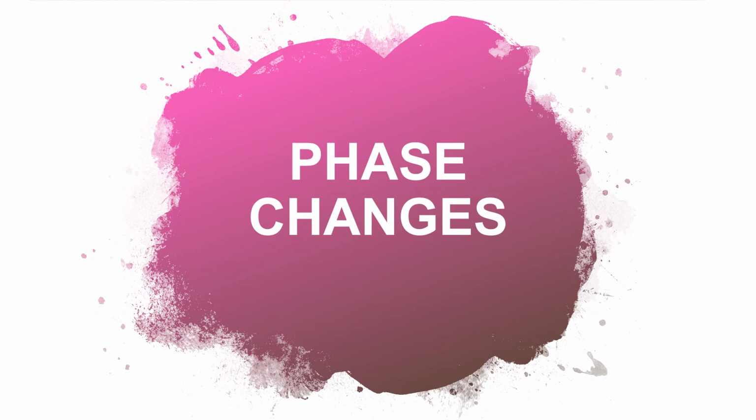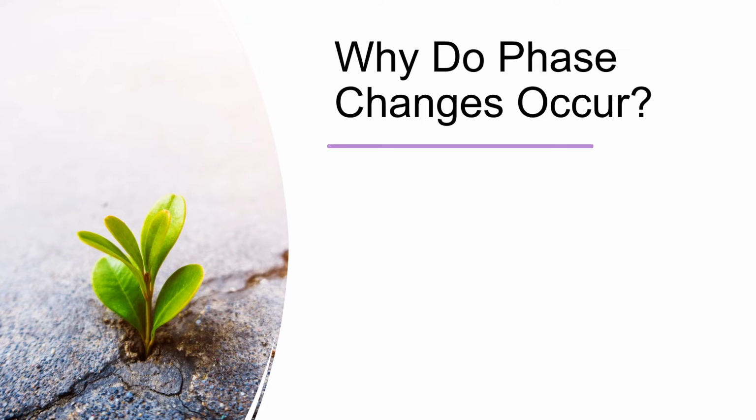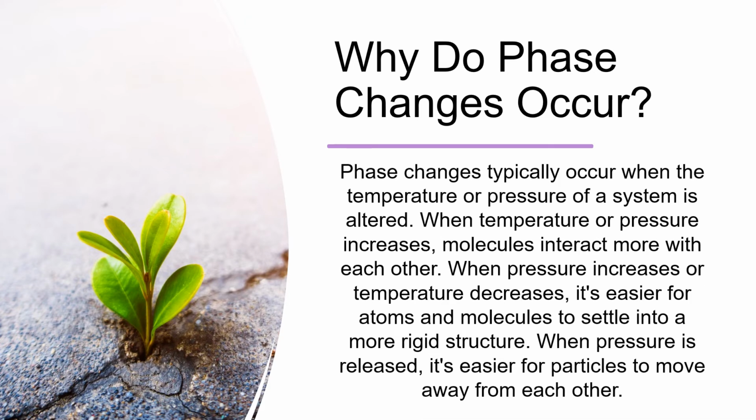The phase changes that involve solids. Why do phase changes occur? The phase changes typically occur when the temperature or pressure of a system is altered. When temperature or pressure increases, molecules interact more with each other. When pressure increases or temperature decreases, it's easier for atoms and molecules to settle into a more rigid structure.